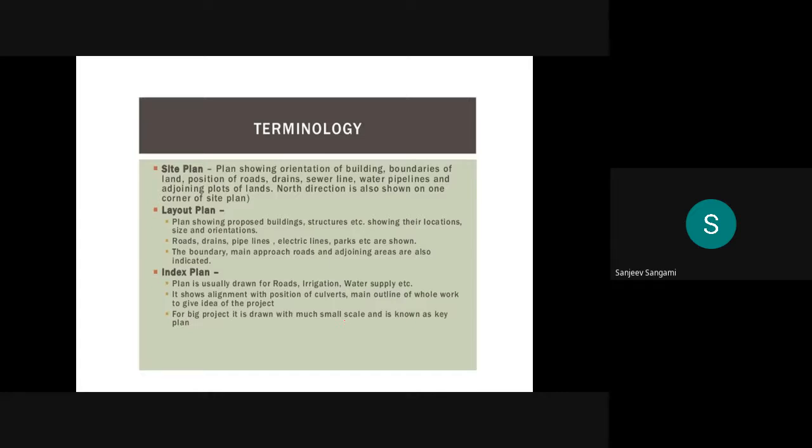An index plan is usually drawn for roads, irrigation, water supply, etc. It shows the alignment with positions of culverts and the main outline of the whole work to be given for execution of the project. For big projects, it is drawn at a much smaller scale and is known as the key plan for the index.